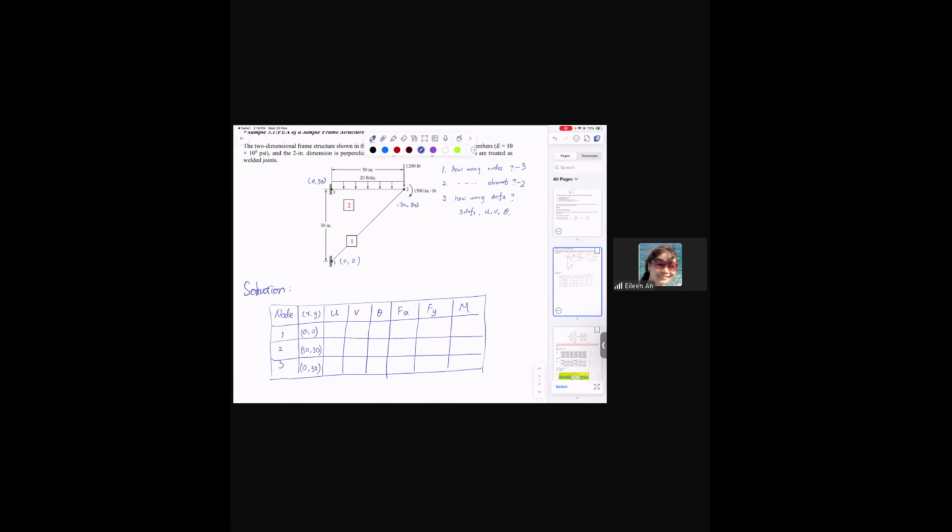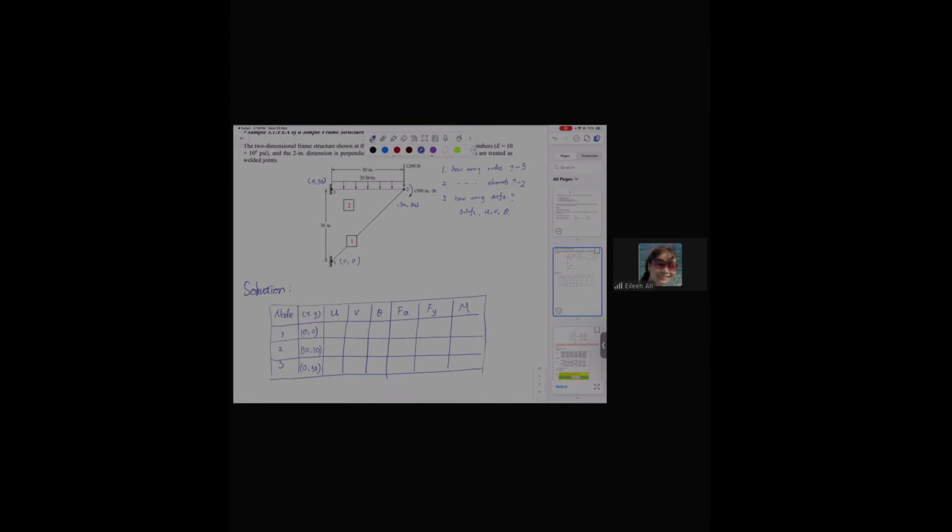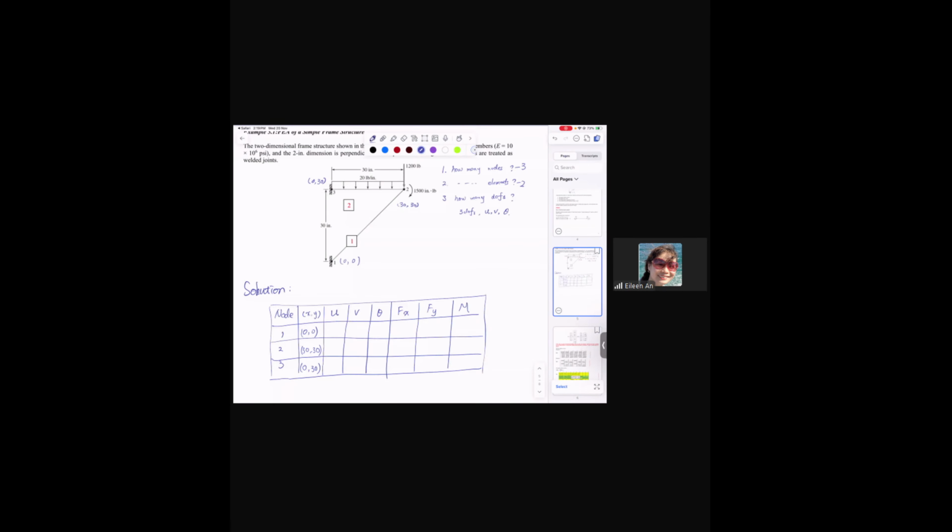Okay, I give you 5 minutes. Can you please complete the table as much as you can? For the unknown values, you can just leave a question mark there.